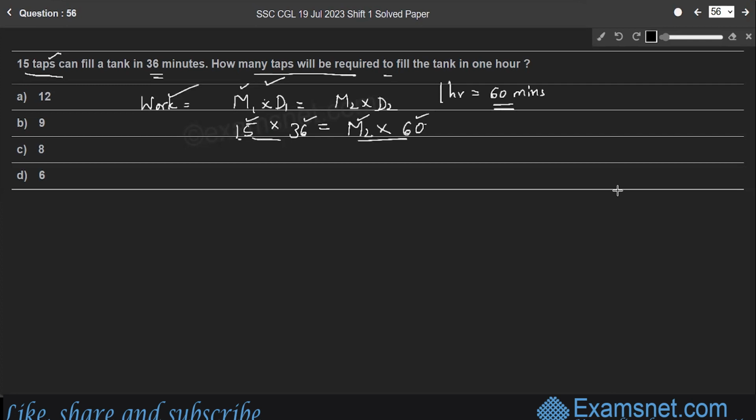Therefore, we need to find M2. M2 is equal to 15 into 36 divided by 60. 15 into 4 is 60, so it is 9. Therefore, the number of taps required to fill the tank in 1 hour is 9. Right? Therefore, option B is the right answer.